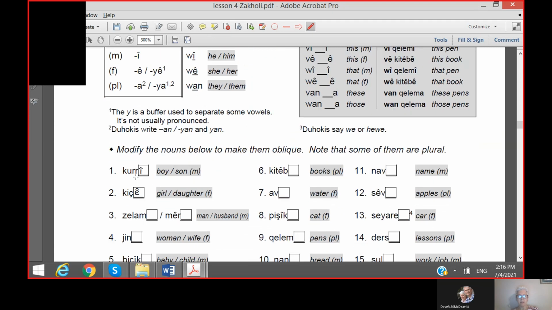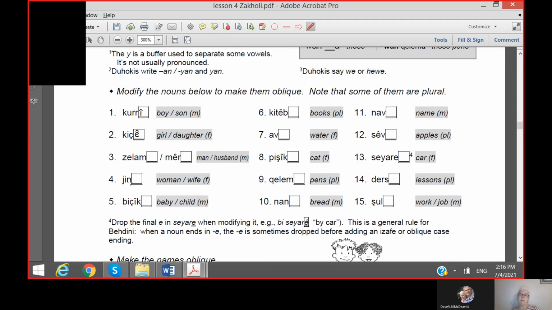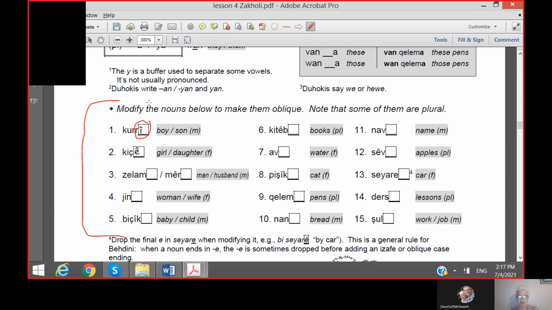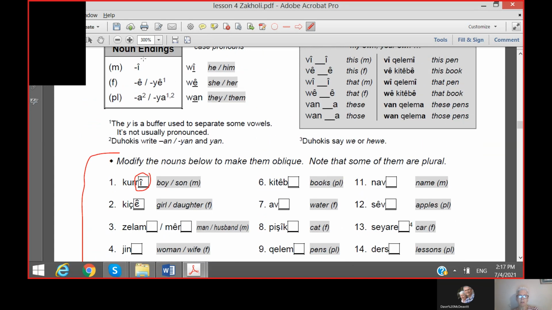So for practice, first of all, pause the video, modify these nouns to make them oblique. Note that some of them are plural. Check your answers in Appendix S of Book B. So for example, kur is masculine, so you're going to put that I with a hat ending on it that you get from this chart right here.